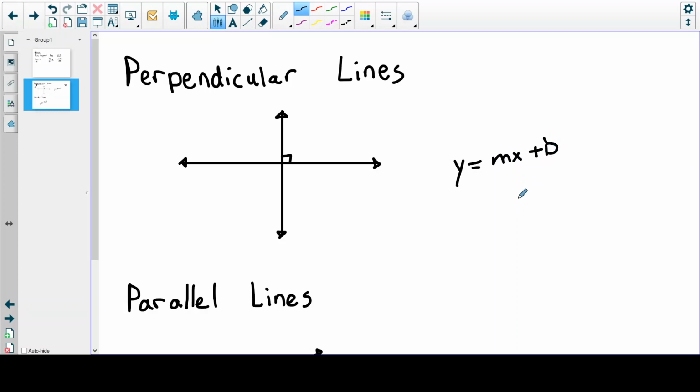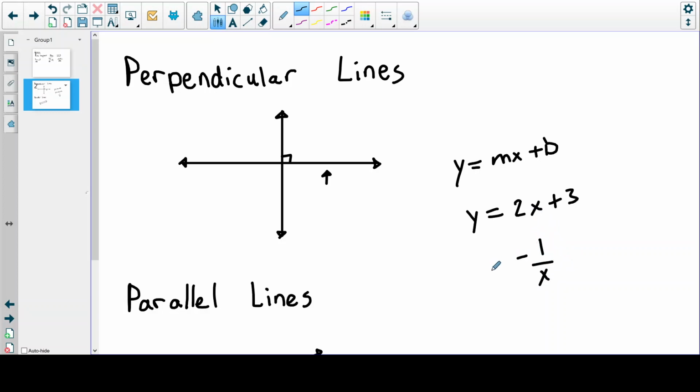You'll start finding the slope of the perpendicular line. Say this line is y equals 2x plus 3, and you may want to find a line that's perpendicular to it. That might be one of the questions. The key is that the slope of the perpendicular line is always the negative reciprocal of the slope of the other line.